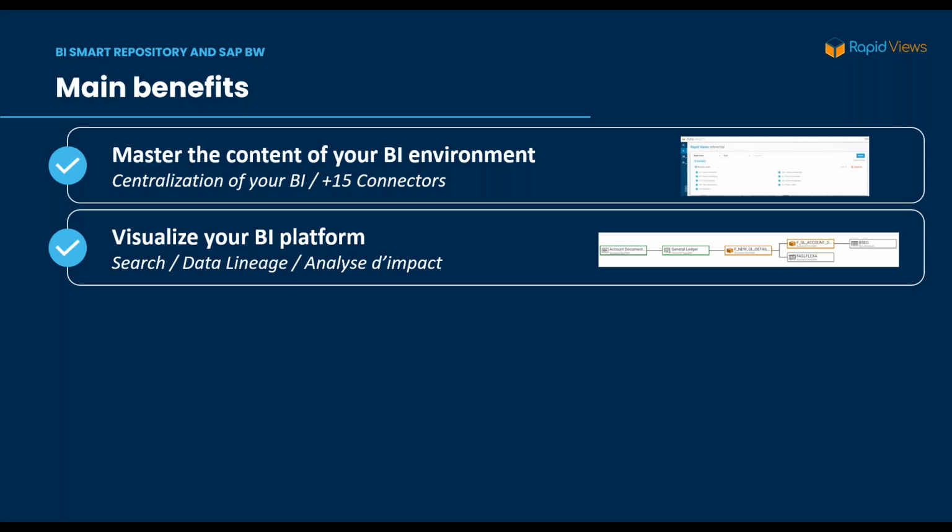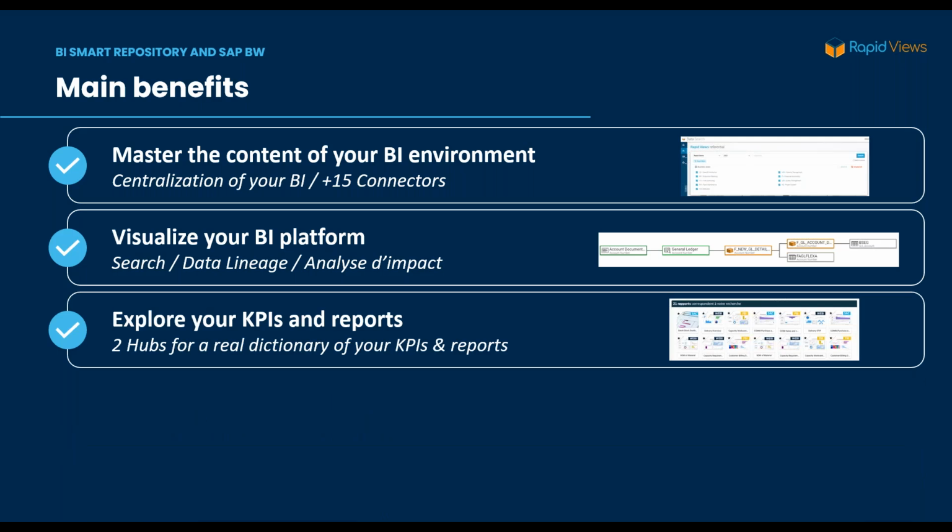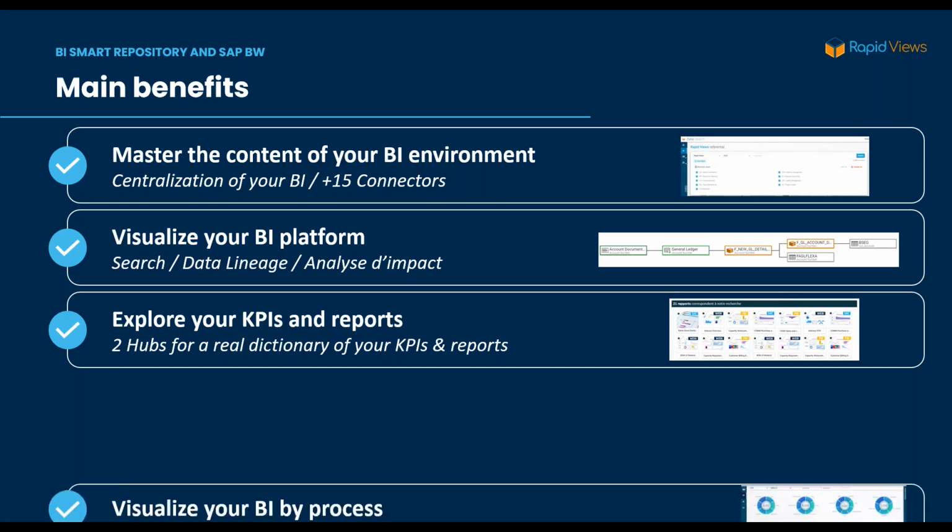So the main benefits: you can master the content of all your business intelligence environment, because as you can see, we centralize all your reports, all your views, all your BW cubes. You can do all this data lineage and impact analysis to be able to see how everything has been built. Because we centralize for the end user, you have this concept of KPIs and report hub.